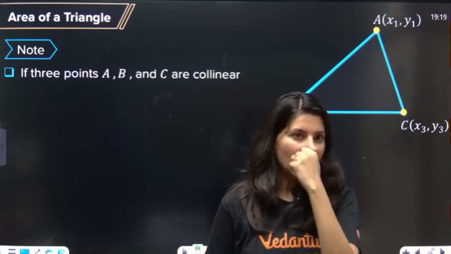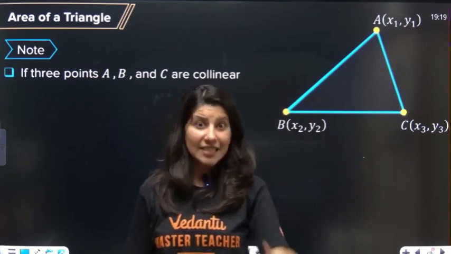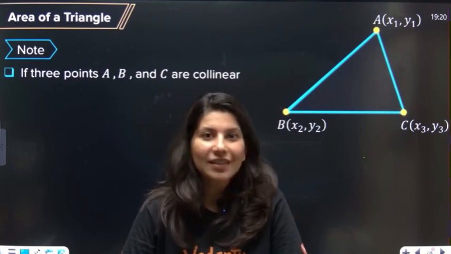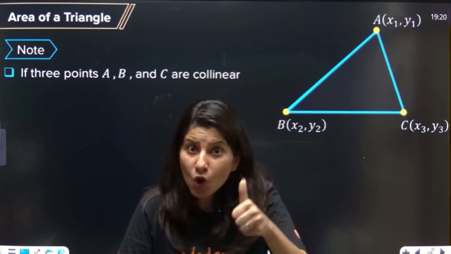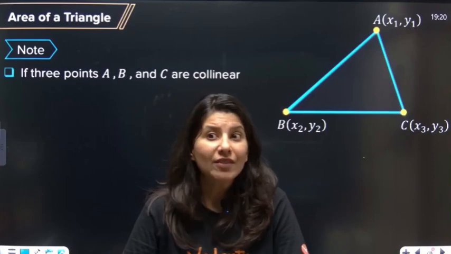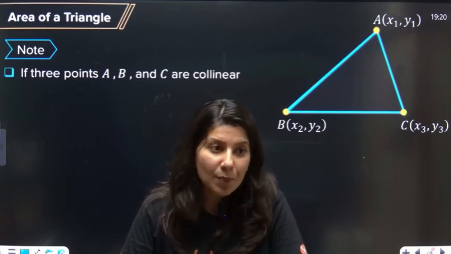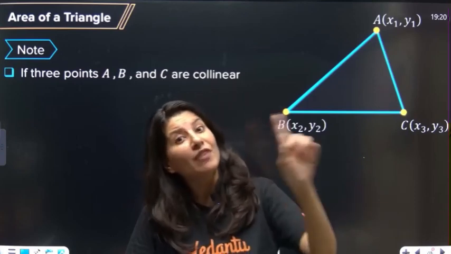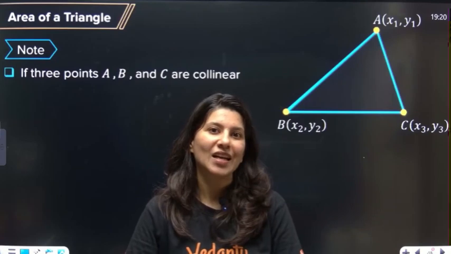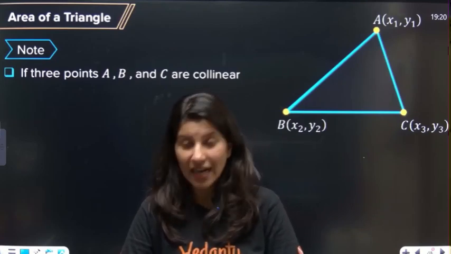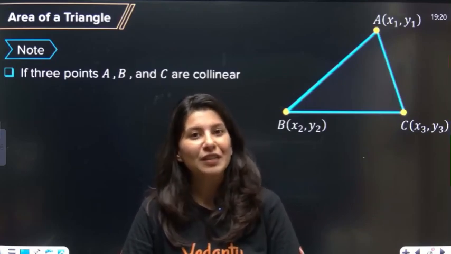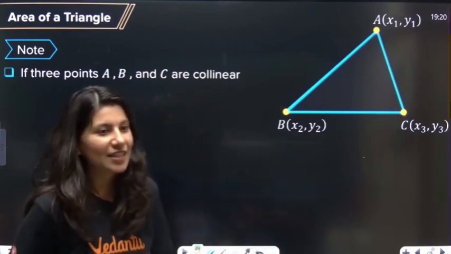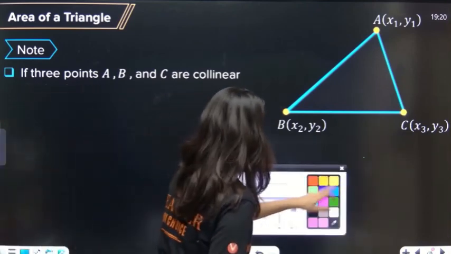I will give you the condition of collinearity with the help of slopes of two lines, with the help of determinants, with the help of vectors as well, and with the help of straight lines as well.